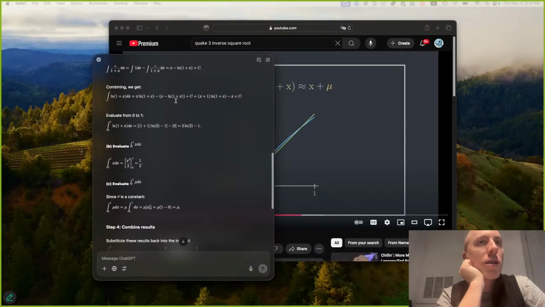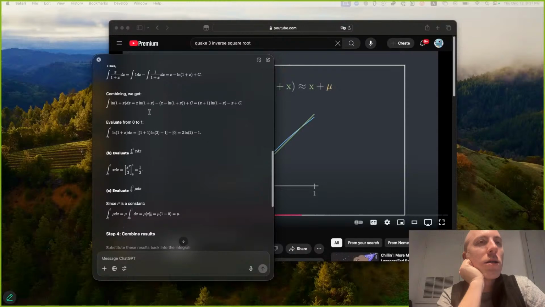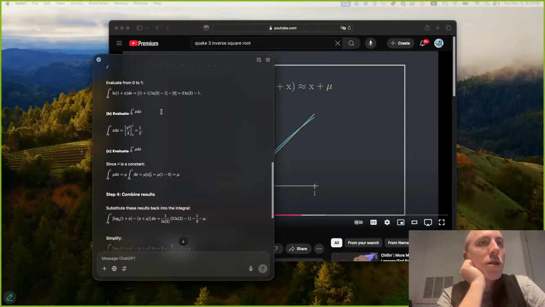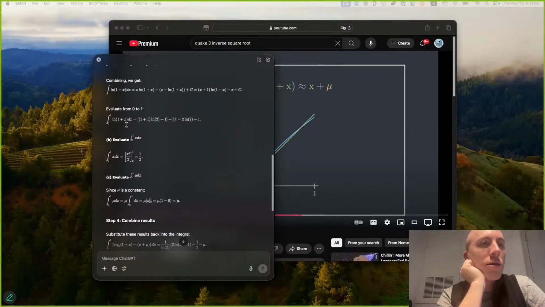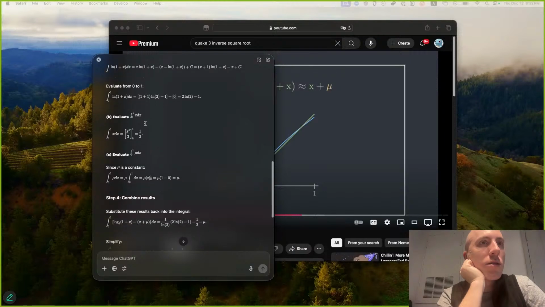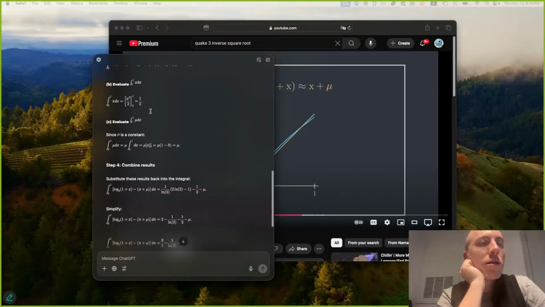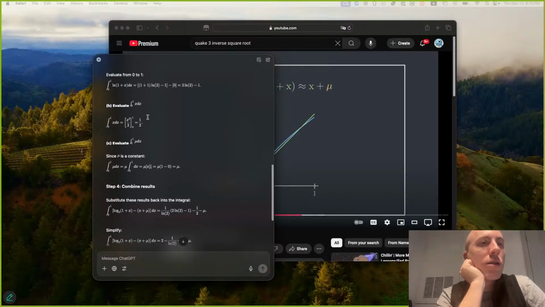Combining, we get this. Oh my God. Wow. So we're evaluating all these integrals at different locations. Evaluate this. Evaluate all these individually.